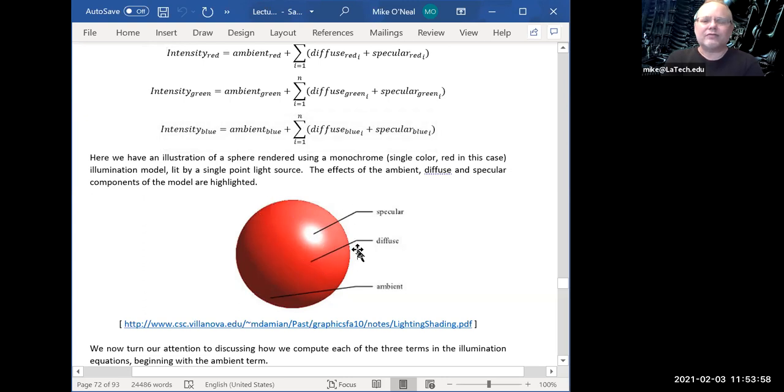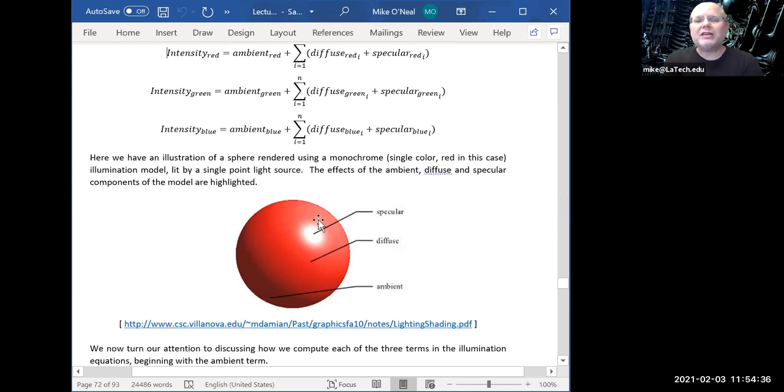The diffuse reflection here is light that's coming in from a particular light source, so it's brighter here because more light's hitting the sphere from the light source than over here. This is on the back side of the sphere, so it's not being illuminated directly by the light source. But this is light that's still coming in a particular direction, but it's being reflected equally in all directions. And then this dark part over here, it's not black, it's dark red. That's the ambient component. So you can see the specular, diffuse, and ambient.